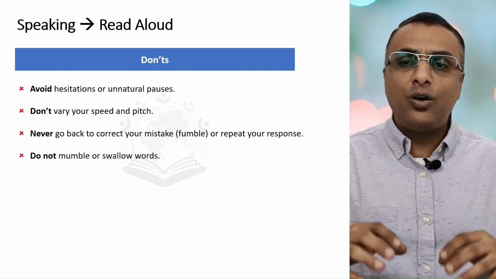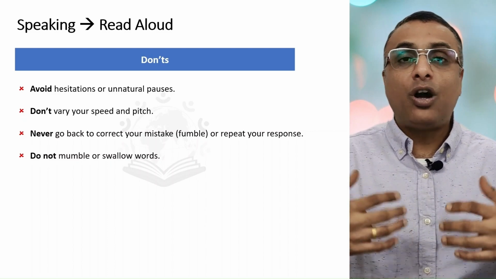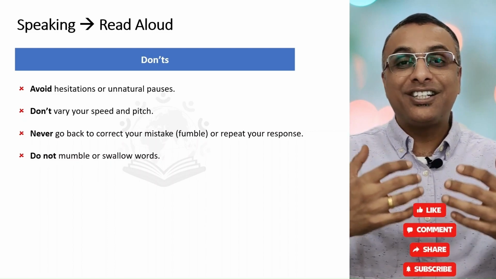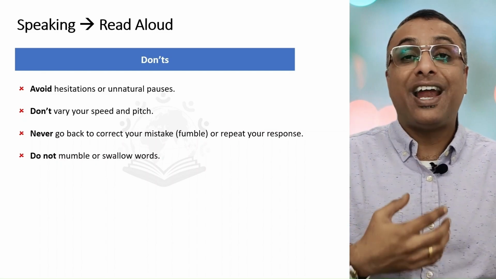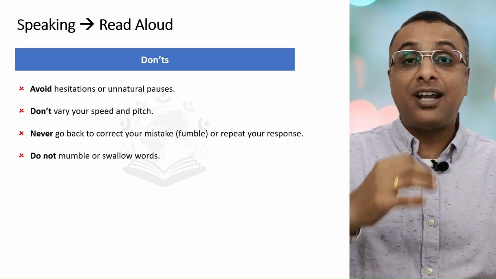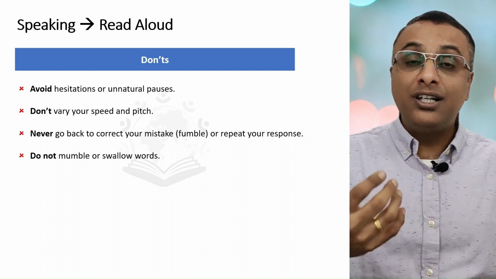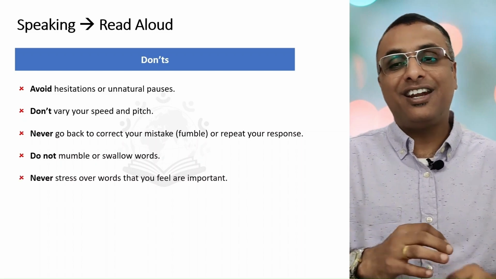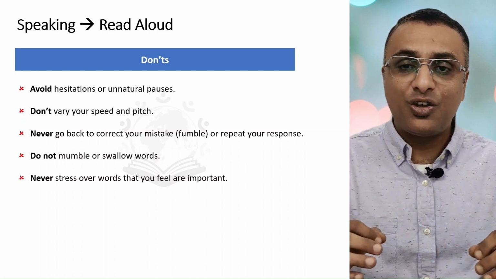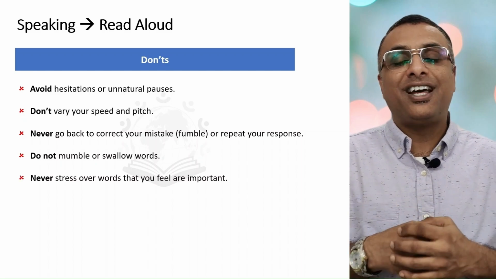Next thing is, don't mumble or swallow words. What will it lead to? It will lead to reduction in pronunciation marks, because if you are not opening your mouth and speaking clearly, it will start recognizing that your words are not pronounced correctly and pronunciation marks will be reduced. Next thing is, don't stress on words that you feel are important.